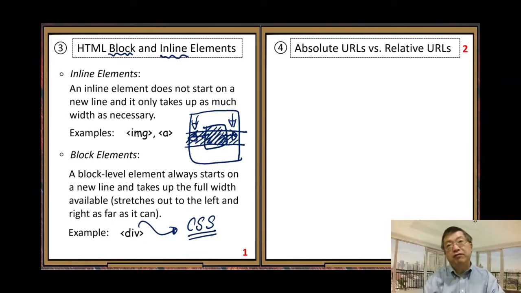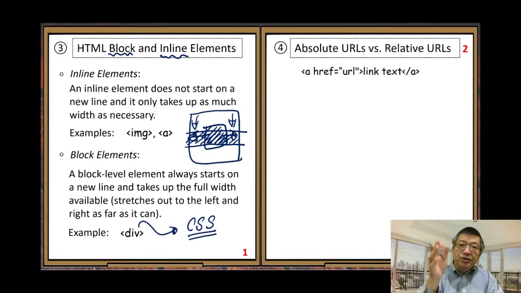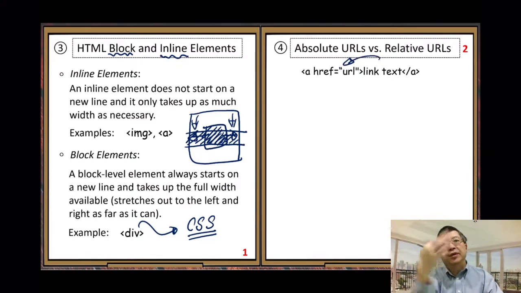You have that kind of experience. When we use a hyperlink, you need to specify a URL. When you specify a URL, there are two different ways: absolute URLs and relative URLs.